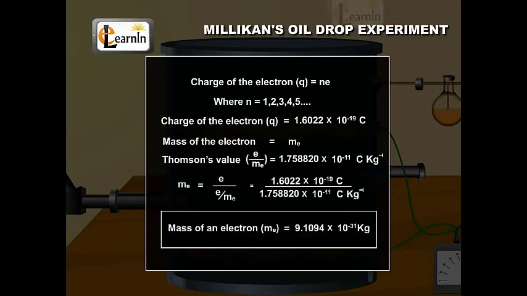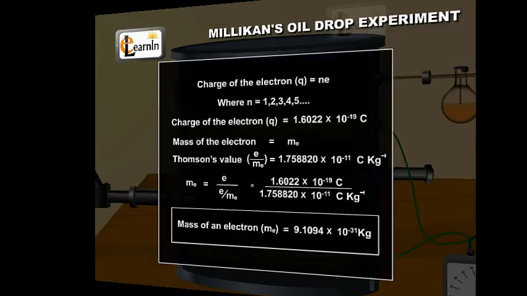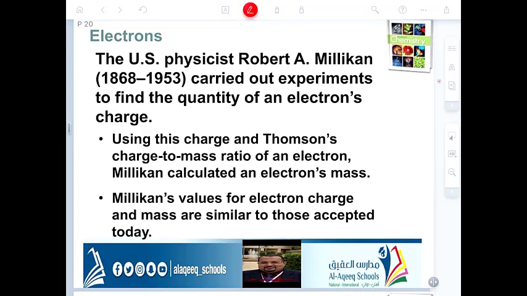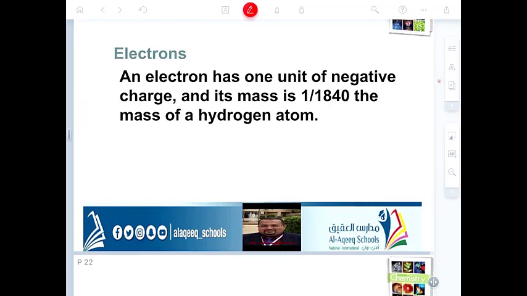The value shown is the mass of an electron. So Millikan found the quantities that were mysterious for the previous scientists. The electron, with a unit of negative charge, has a mass of 1 over 1840 of the mass of a hydrogen atom.